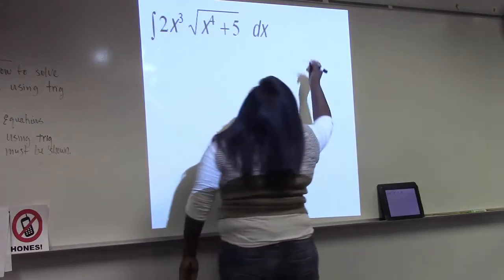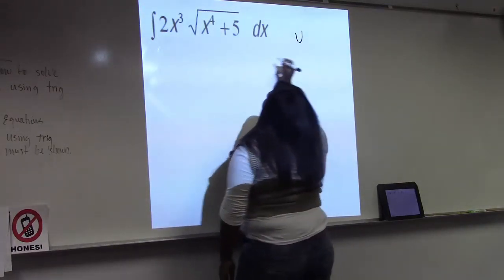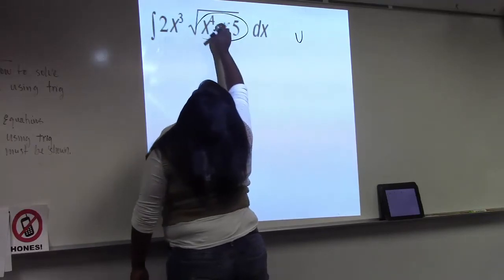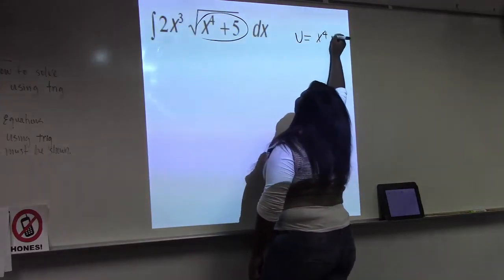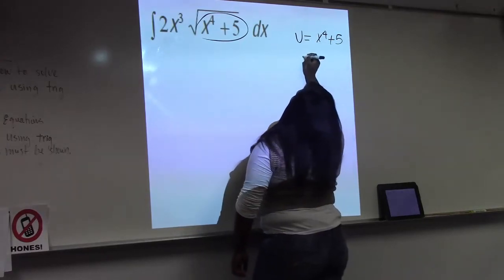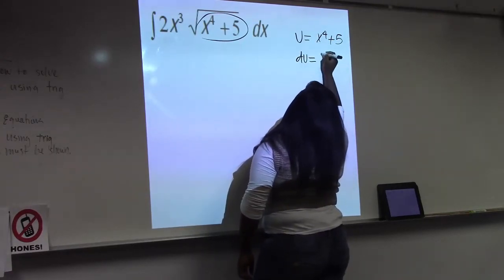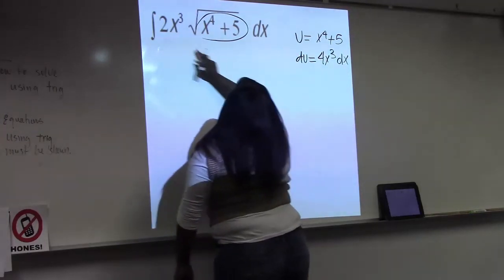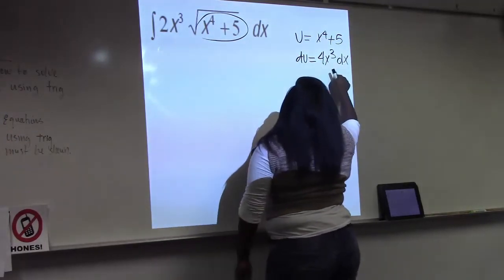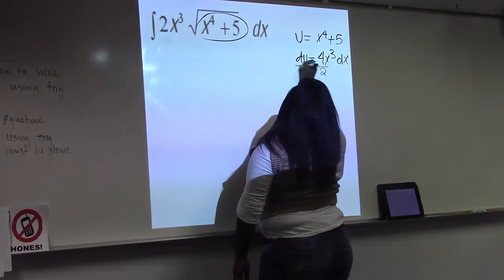No. So for my u, I used the inside because it gives me x cubed. So you have x to the fourth plus 5, and so du is 4x cubed dx. But you have a 2x cubed, so to get 2x cubed, you divide this by 2.